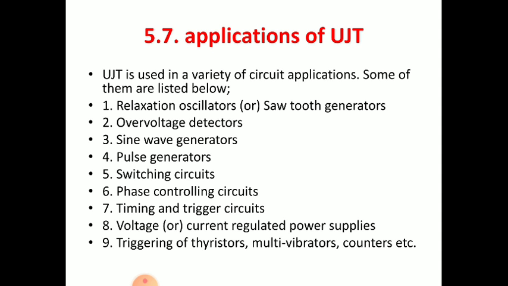Relaxation oscillators, sawtooth generators, that is sawtooth oscillator, over voltage detectors, sine wave generators, pulse generators, switching circuits, phase controlling circuits, timing and triggering circuits, voltage or current regulated power supplies RPS, triggering of thyristors, multivibrators, counters, etc. So these are all the circuits in which the UJT is used, the typical applications of UJT. Some of them you are going to learn in the coming semesters.